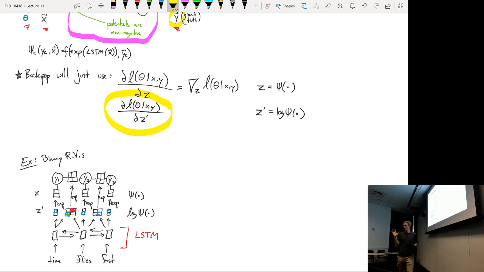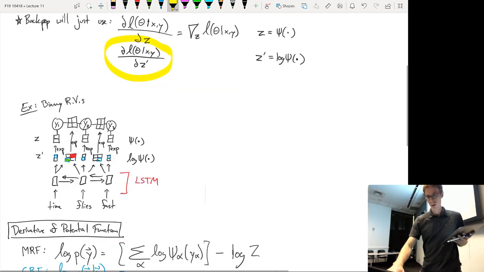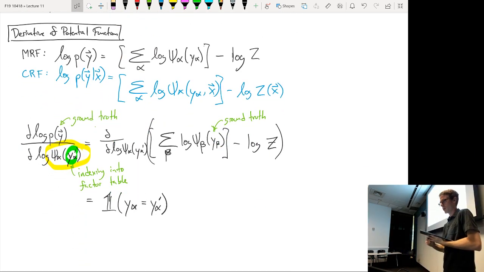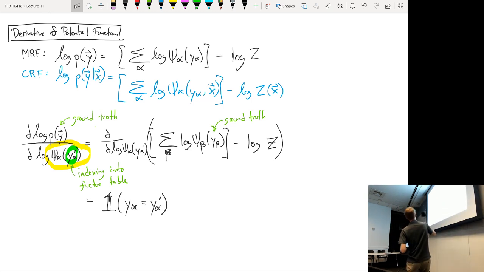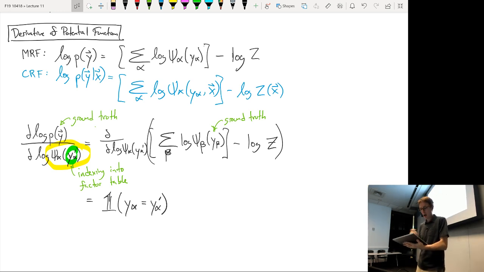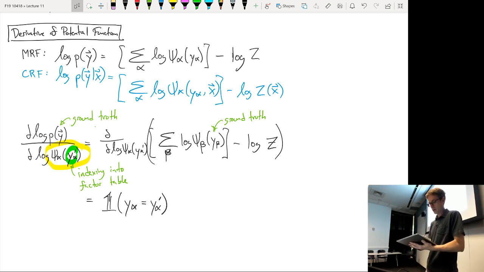So we're just computing one of those cells. If the index of the ground truth, or the assignment to the values in the ground truth, is equal to the assignment of values corresponding to the factor entry that we're currently asking about the derivative of, then we get 1, otherwise we get 0.